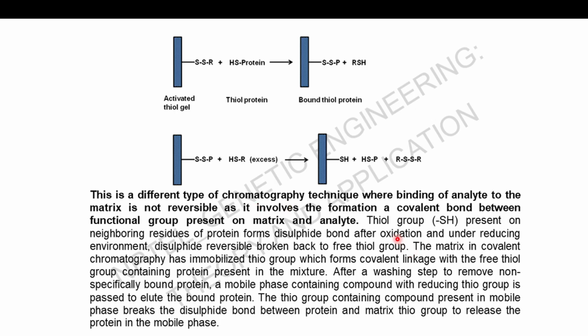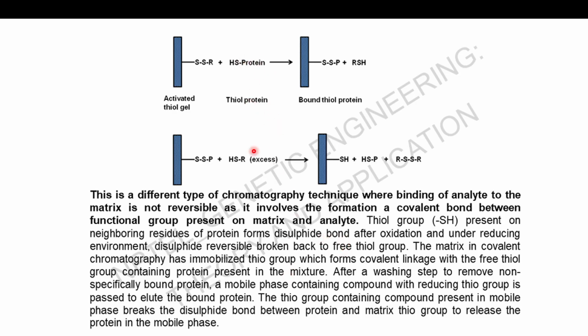Okay, so what is happening here is there is a thiol group, like SH group, present on neighboring residues in the protein, and it is forming a disulfide bond after oxidation. So there's activated thiol on the matrix. The matrix is an activated thiol gel, and the protein is a thiol protein, okay, having SH groups.